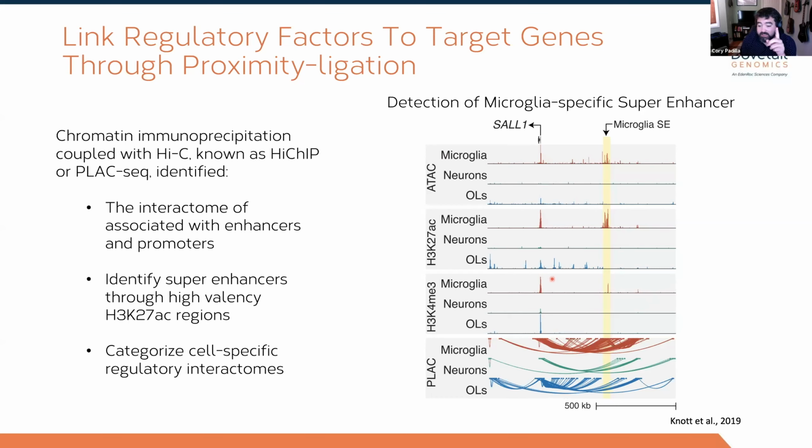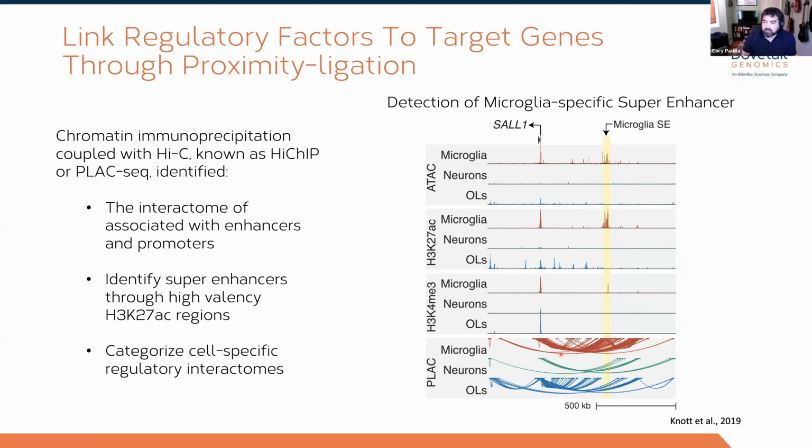But what they do see is, at this super enhancer region, where there are hyperacetylated regions, that they can link this super enhancer with a high degree of contacts with this gene, and that in the other cell types, we don't see that particular interaction between this super enhancer and this promoter.